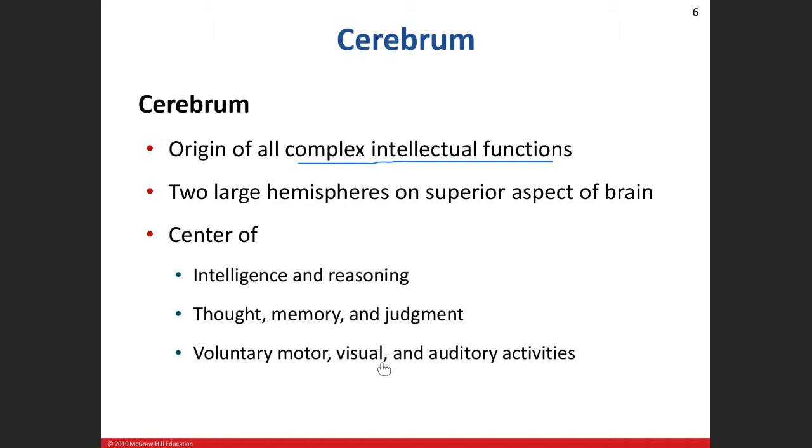So a lot of your somatic sensory information is going to actually come into this area of the brain. We're going to go through pretty much all of these throughout this chapter.